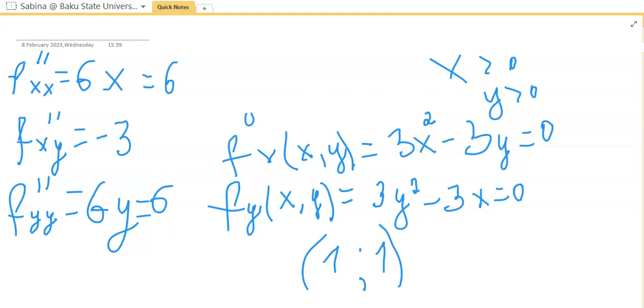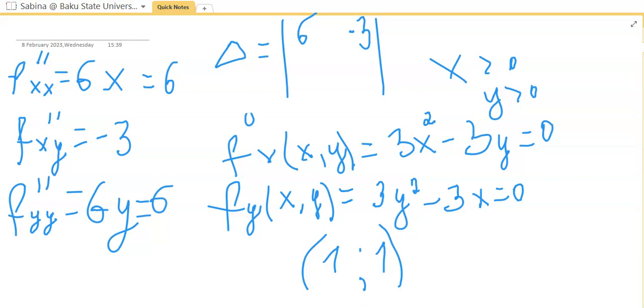It is time to make a determinant, and in this determinant, in the first row, I will write the second derivative of function with respect to x and the second derivative of function with respect to x and y. Then it will be 6 and negative 3.